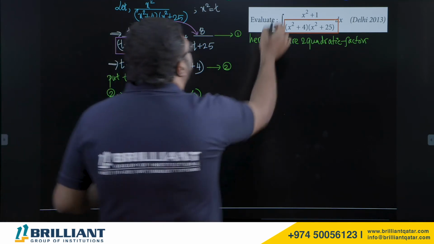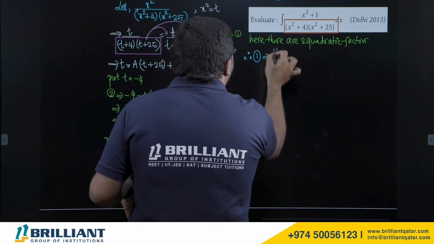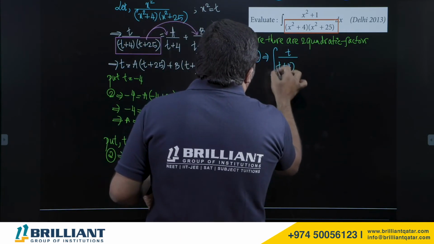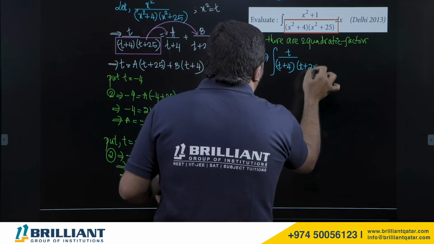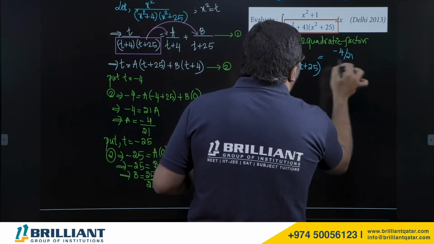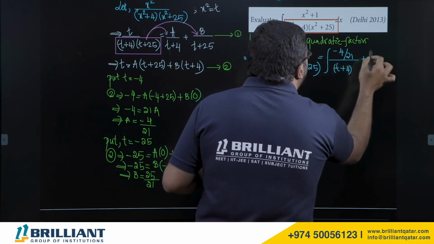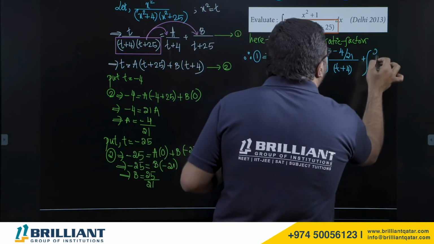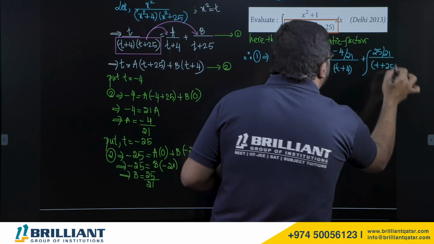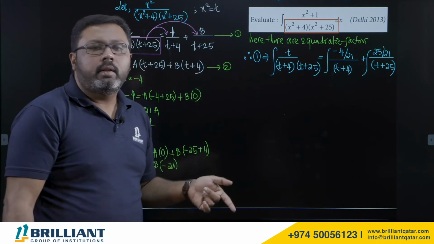Now I'll go for equation number 1. Therefore, equation number 1 implies the integral of t by (t plus 4) into (t plus 25) is equal to minus 4 by 21 divided by t plus 4, and 25 by 21 divided by t plus 25.